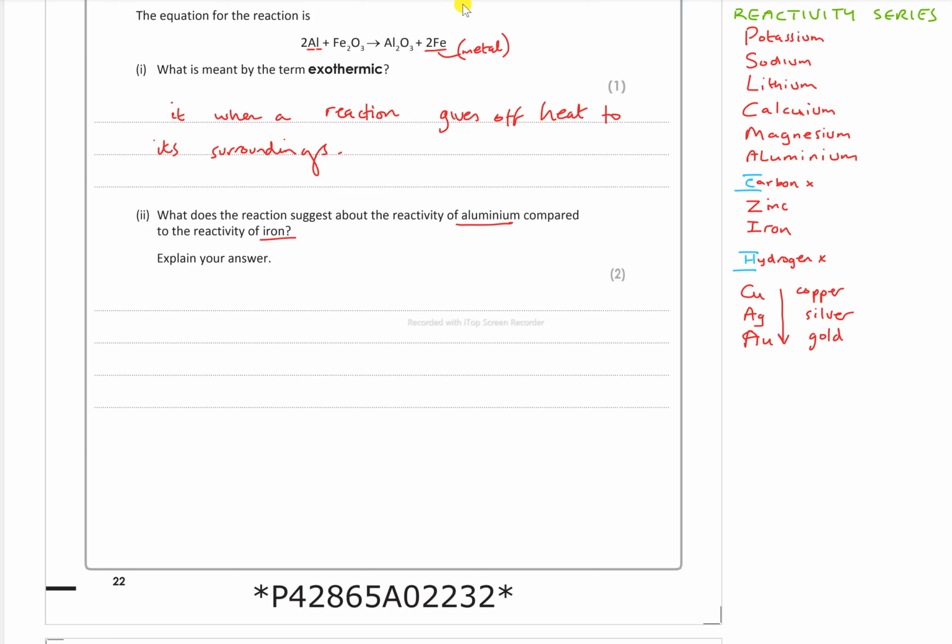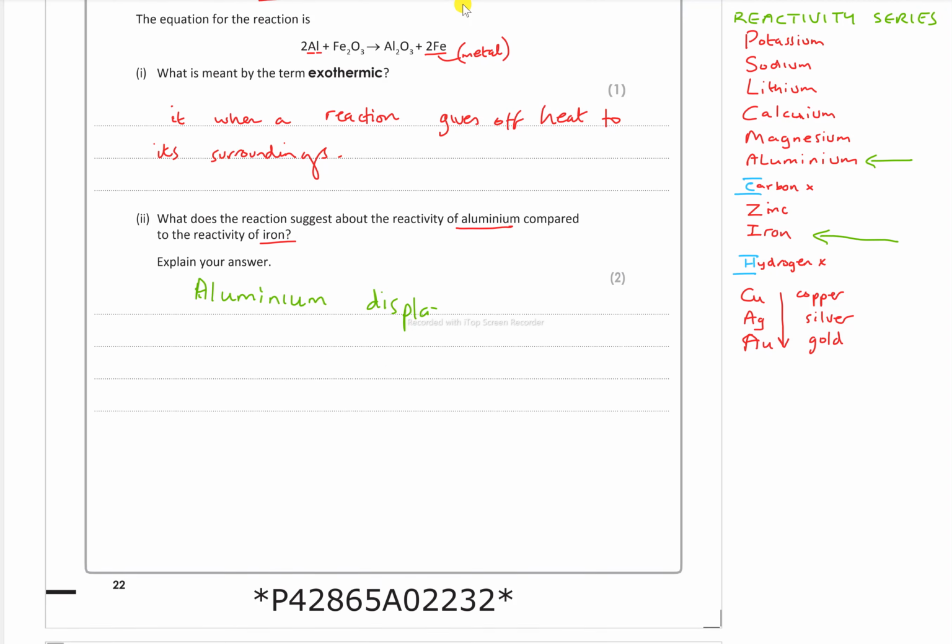Right. Aluminium's here. Iron is there. Because aluminium displaced iron, we know aluminium displaced iron from its oxide.